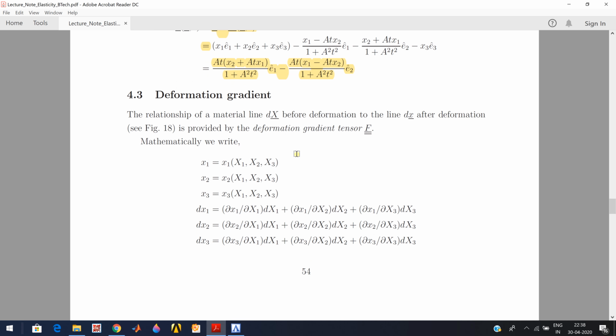Now we'll define what is the deformation gradient tensor. The deformation gradient tensor is defined in this way.